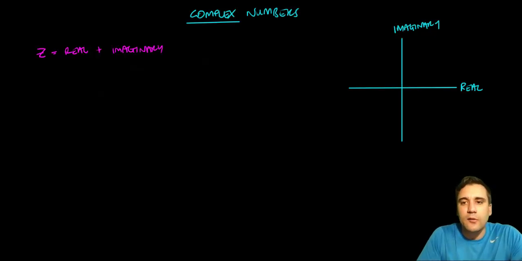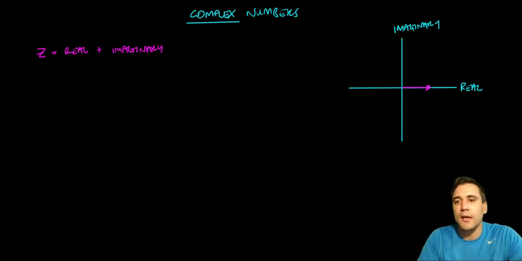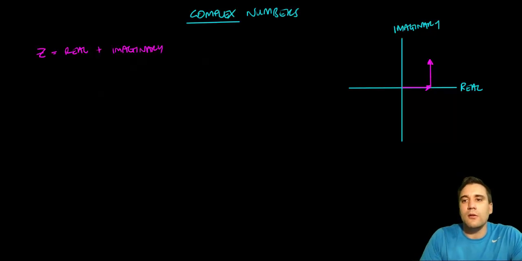which is going to have a real component plus an imaginary component, which is similar to the idea of vectors, because you're going to have this real component that heads you off this way, or off to the left if it's negative, and the imaginary component which is going to take you this way, or downwards if it is a negative imaginary component. And the difference is we could have a complex number like this where z is equal to 3 plus 2j, and the 3 is the real component.